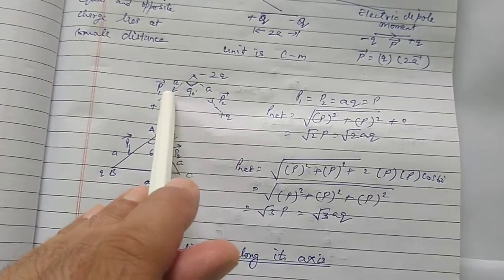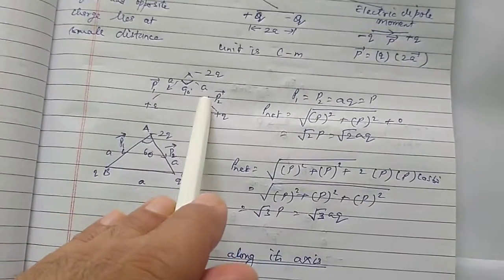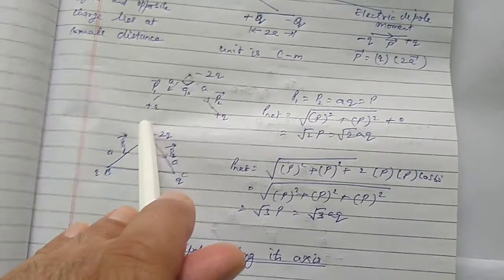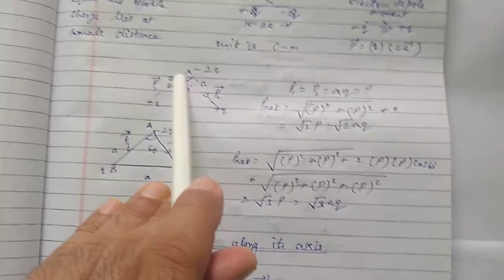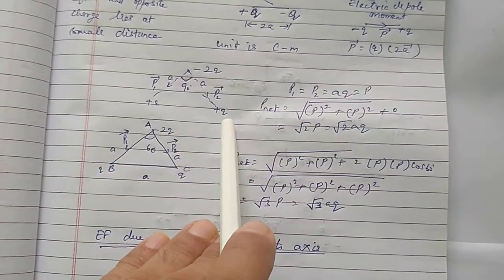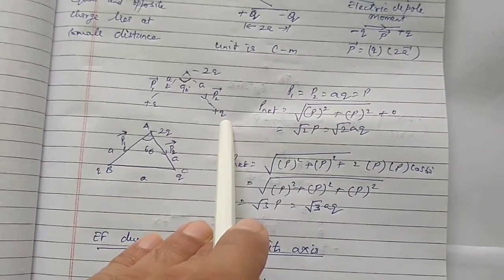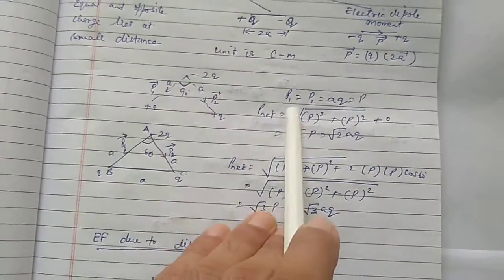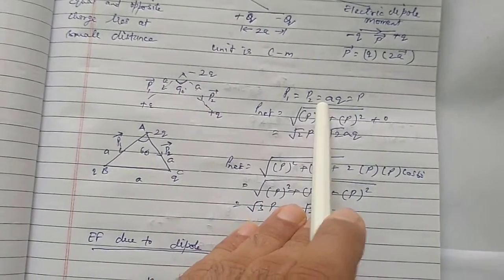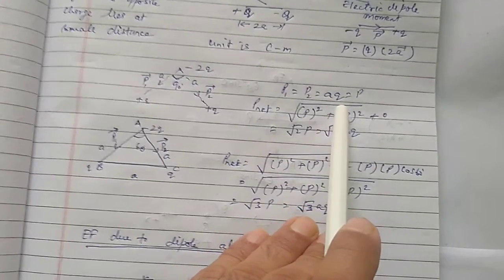So therefore we have two dipole moments. One is along this direction because it is directed from minus Q to plus Q, and another one is directed in this direction from minus Q to plus Q. And the dipole separation is written here A. So both are of equal value A into Q.